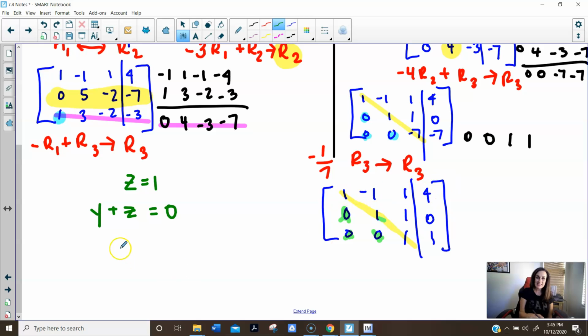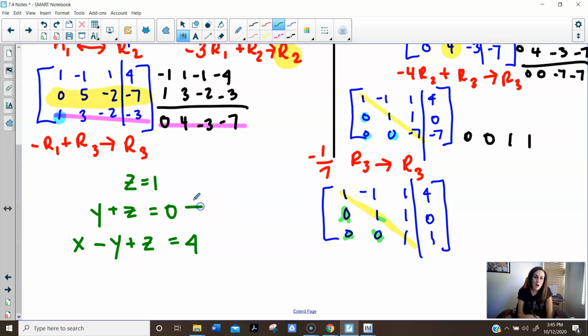And then the last equation is telling me that 1x minus y plus 1z, or plus z, is equal to 4. And this is a triangular system of equations, which means I can take z, plug it in, and find y.